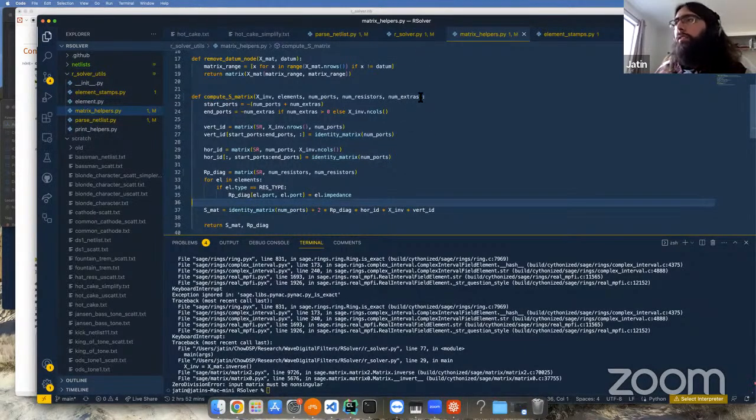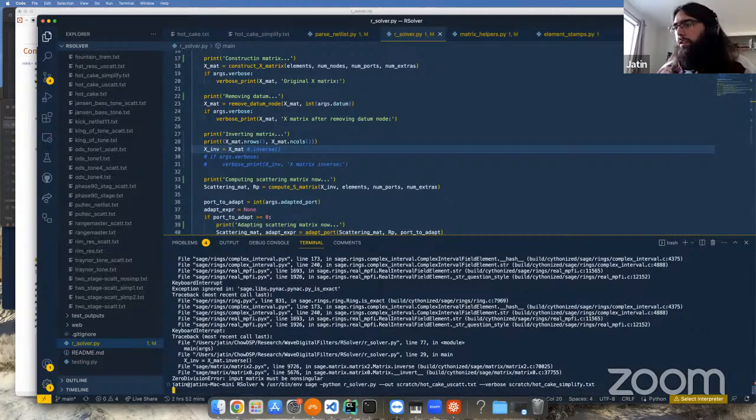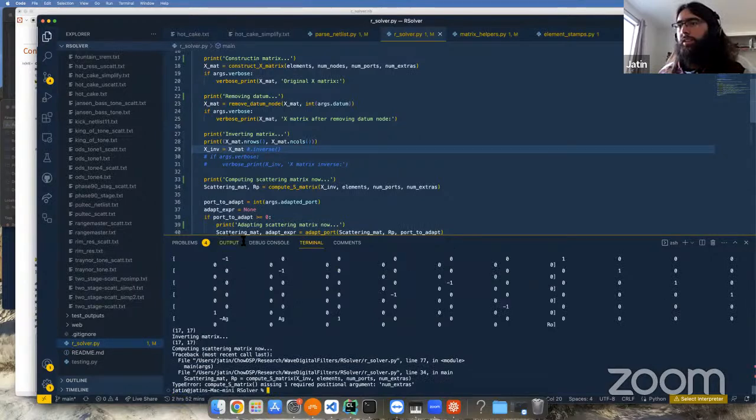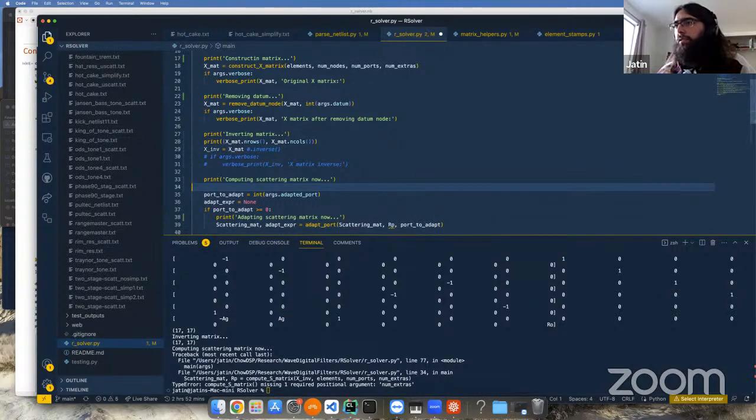Anyway, let's give this a try. So I'm skipping the matrix inverse part for now, just to see if we can get this to work. So I'm running it in verbose mode, but I'm not printing the inverse matrix. Oh, I see. I forgot to add my new argument here, num resistors.